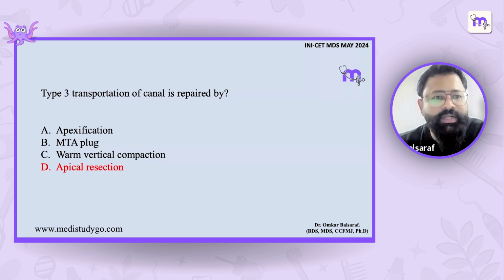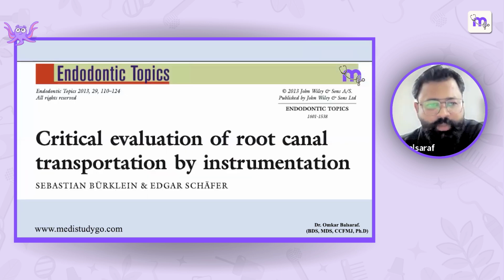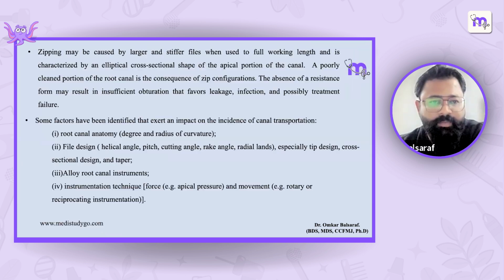Now, to understand what a type 3 canal transportation is, we need to know the types of transportation. It is given in this particular article called Critical Evaluation of Root Canal Transportation by Endodontic Instruments. There are various factors that govern the impact and incidence of canal transportation.